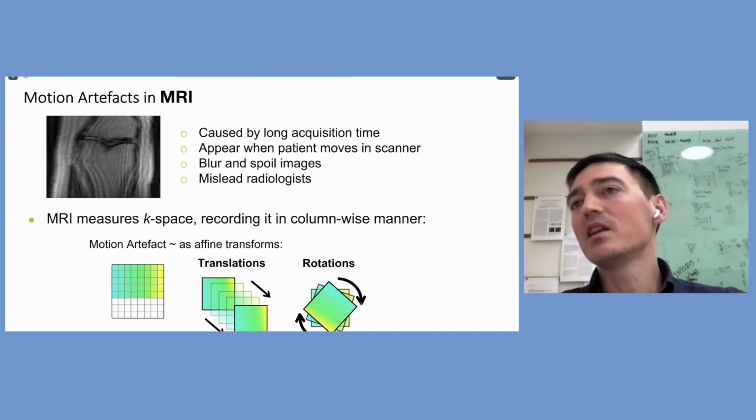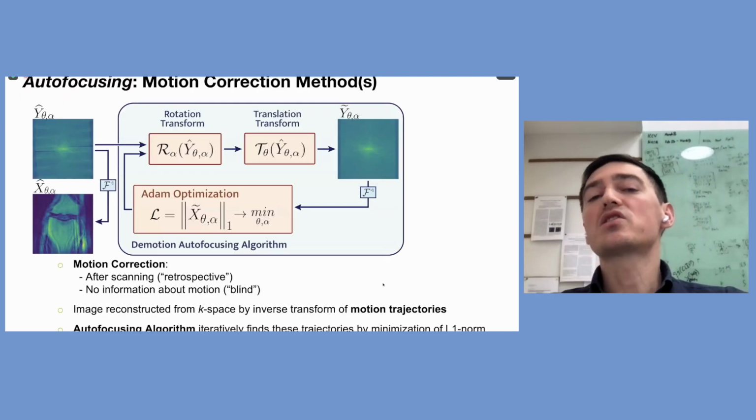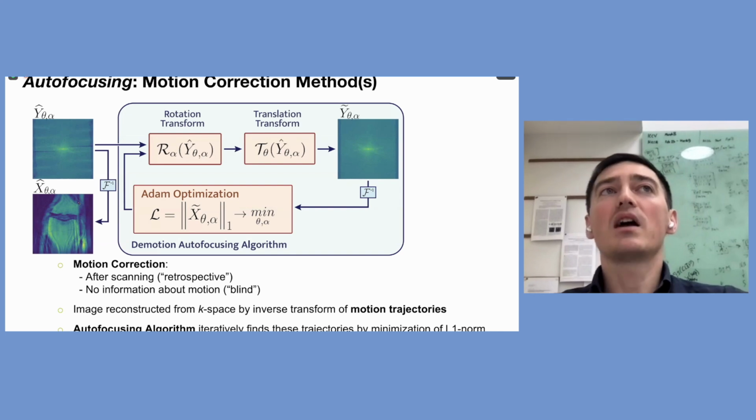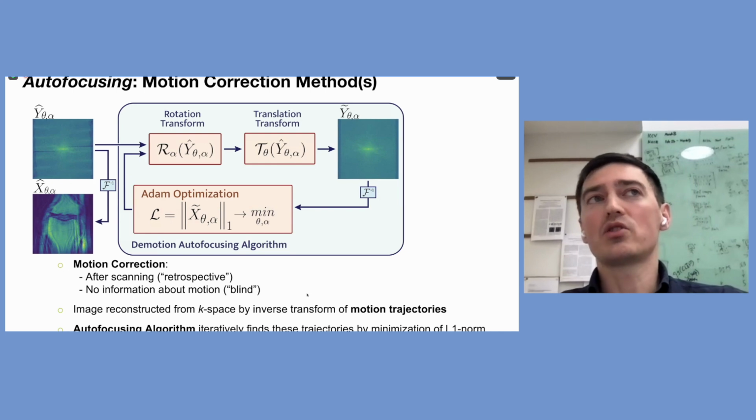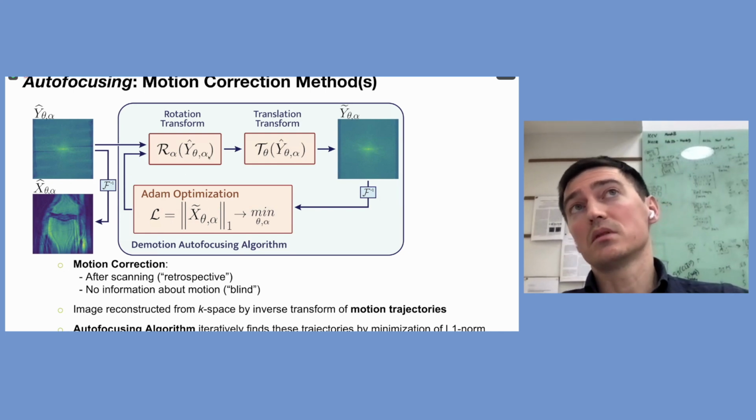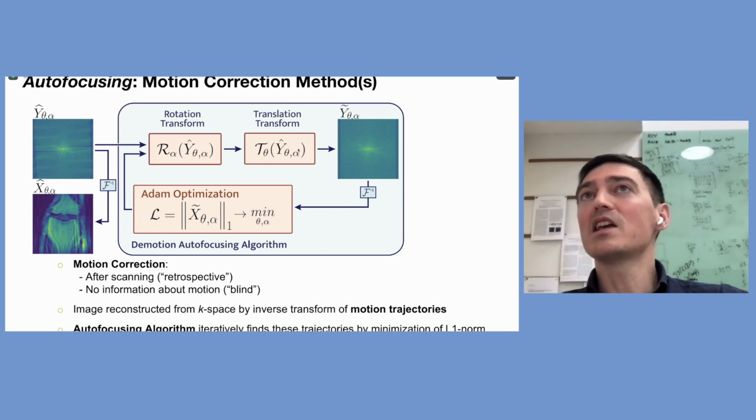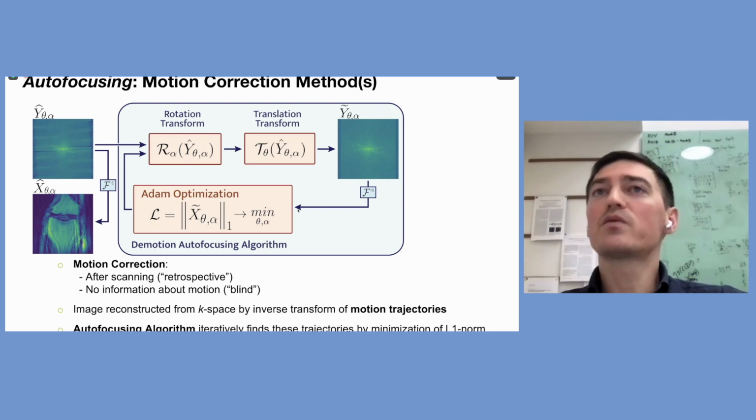And conventionally, of course, you have that measurement, you have the K-space. And conventionally, what you do is you iteratively perform a rotation transform and a translation transform, then do an inverse Fourier transform, and then perform your optimization. This is called a baseline autofocusing algorithm.